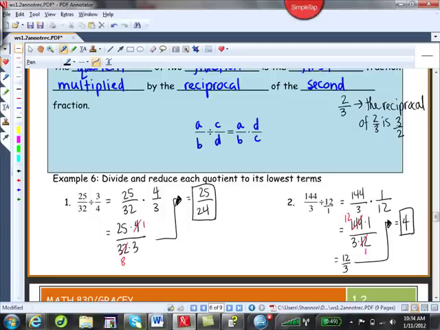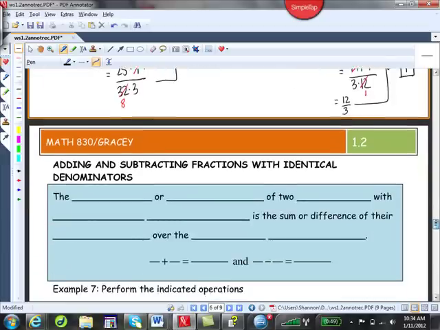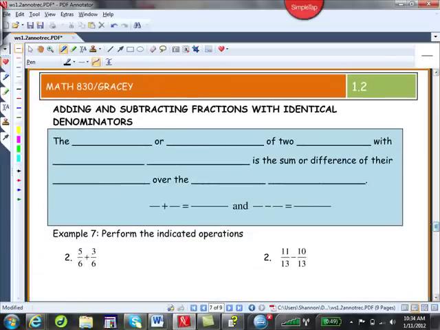Great. All right, so let's move on to adding and subtracting fractions with identical denominators. Right?